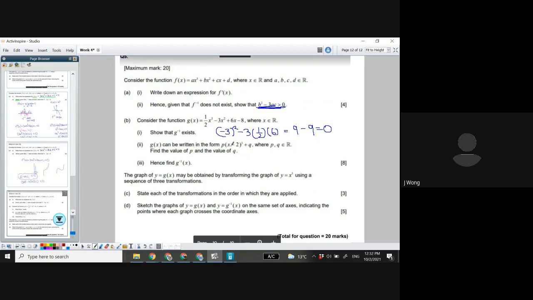Now they want us to put it into this form, where we could find p and q. So how can I find p and q quickly in this case?